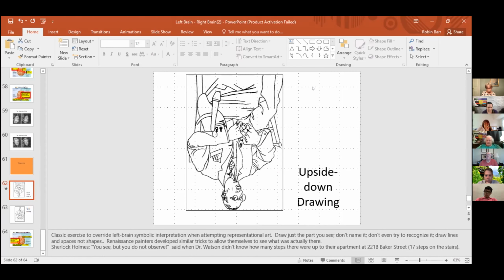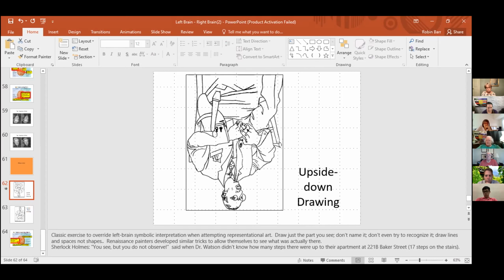This is a classic exercise to override your left brain. You do upside down drawing, and ideally you would put a piece of paper over this and just reveal it from the top down and copy it exactly. Just copy the lines themselves.